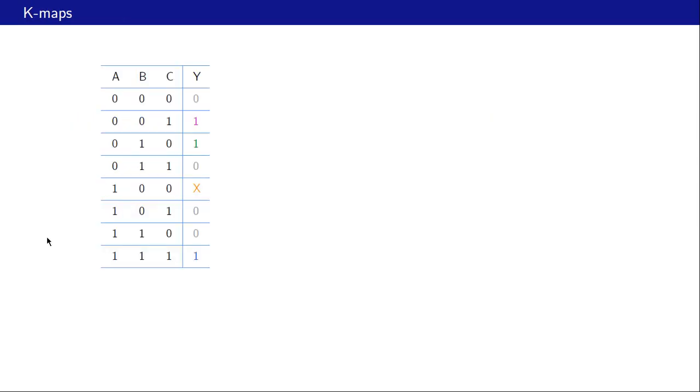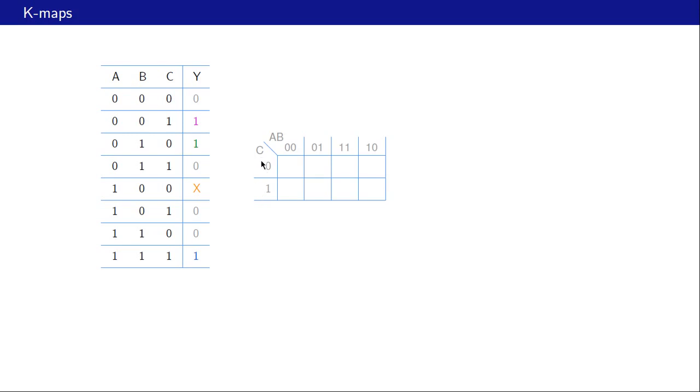So let us look at an example of a K map now. Here is a logical function y of three variables A, B and C. We have ones here, 1, 1, 1, and we have one don't care condition here, and the rest of the entries are 0. Alright, so let us begin by drawing this map, and let us see what this means.